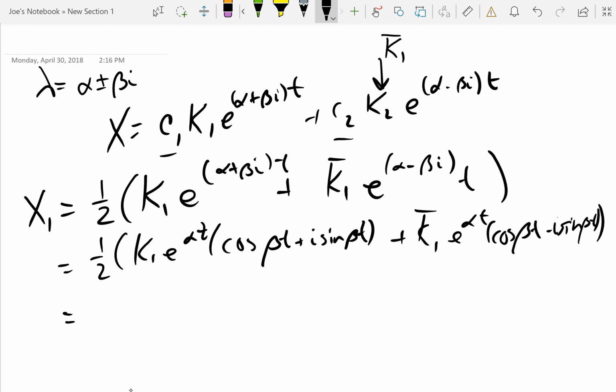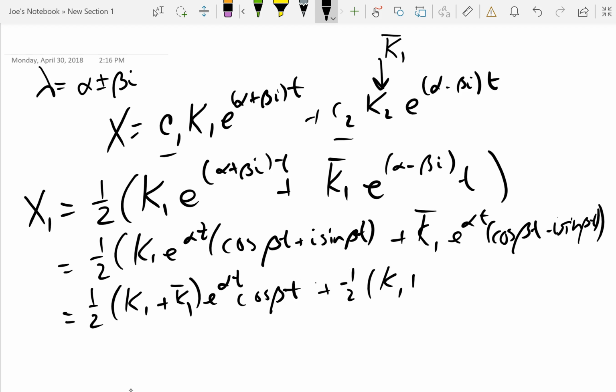Notice in this case when we add, this turns out to be 1/2 times k1 plus k1 bar e to the alpha t cosine of beta t, and then plus 1/2 of k1 plus k1 bar e to the alpha t times i sine of beta t.